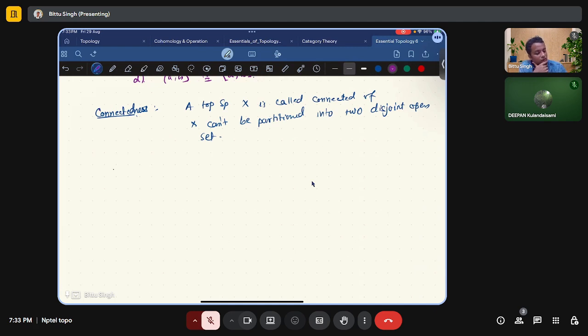For example, if we see X equal to this space, the union of these two open intervals (0, 1) union (2, 3), then it is clear that X can be written as a union of two disjoint open sets, (0, 1) union (2, 3). Those are disjoint open sets.